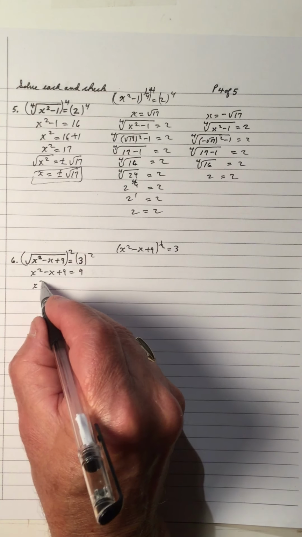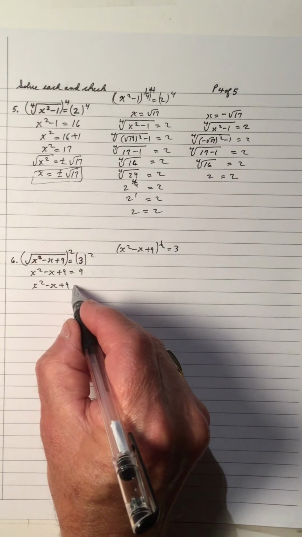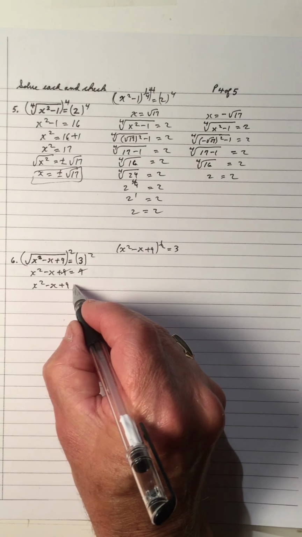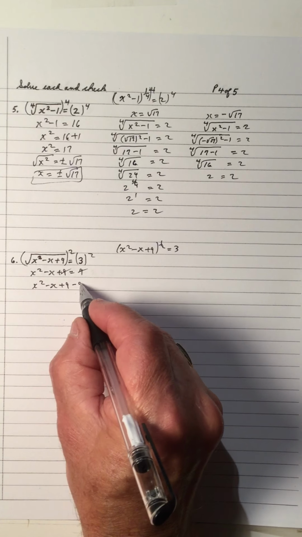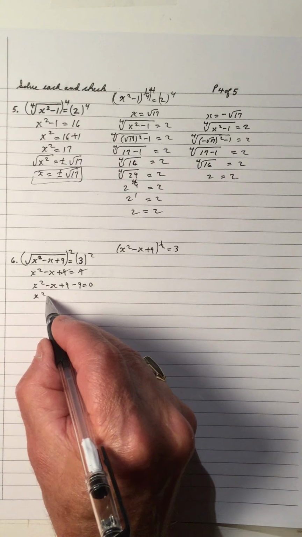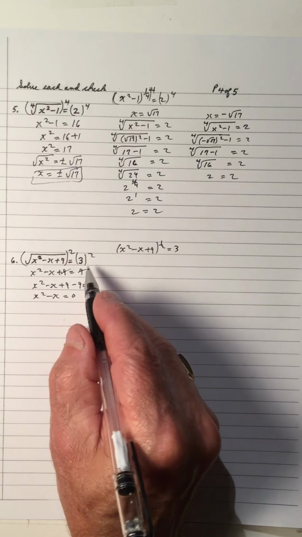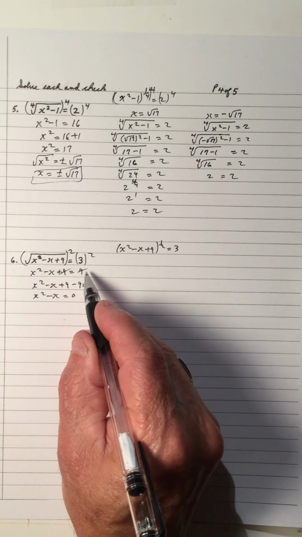That means that with x squared minus x plus 9, I could cancel them out right away and get a 0 here, but if I do it this way, then I get x squared minus x equals 0. So if I cancel here, I have to put a 0 here. Don't forget.